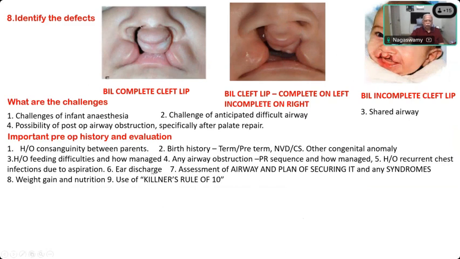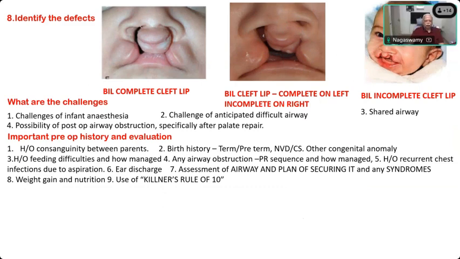What is Kilner's rule of 10? Baby should be at least 10 weeks of age, 10 weeks, not months, 2.5 months. Then 10 grams of hemoglobin. Then 10 pounds weight, not kilograms. Then WBC count should be less than 10,000.